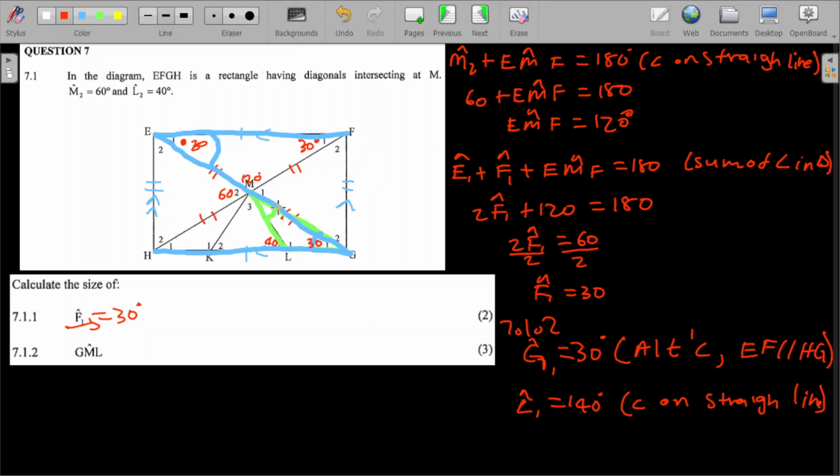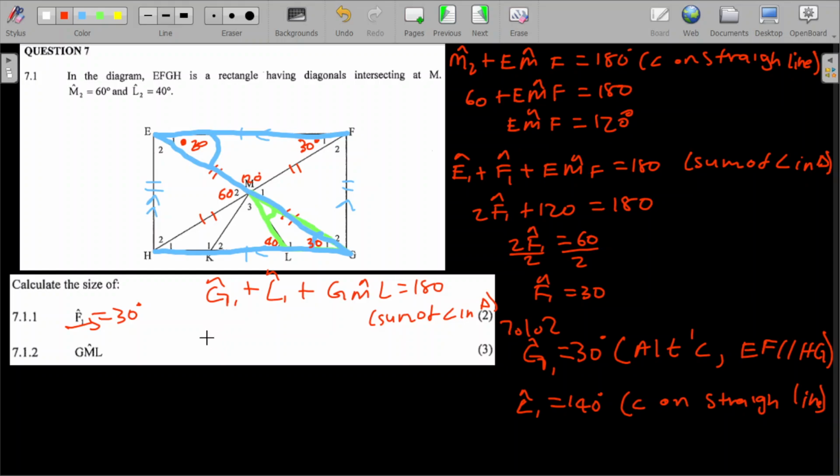Now, how do you find now GML? Angles in a straight line is just G1 plus L1 plus this GML equals 180, reason: sum of angles in a triangle.